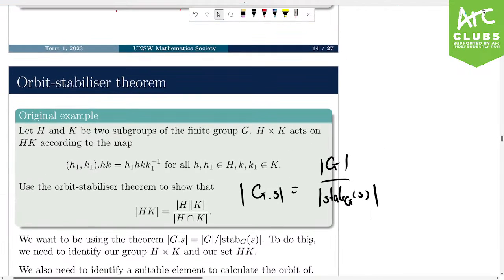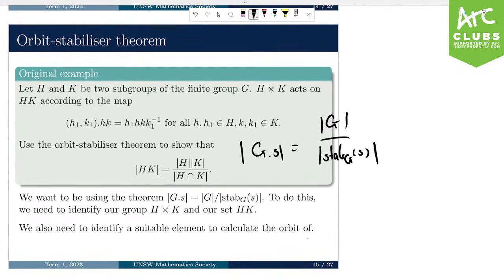Okay, so we want to use this, and what we have to do is figure out how H × K and HK fit into this puzzle.